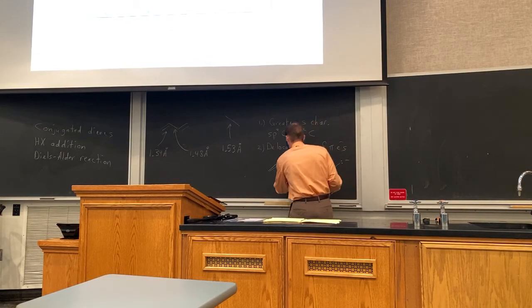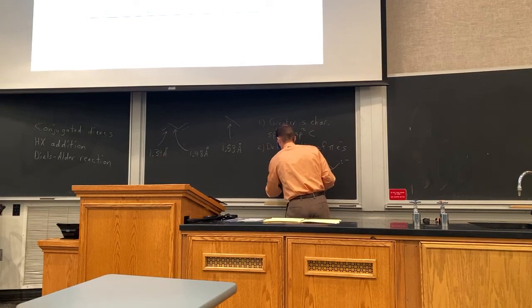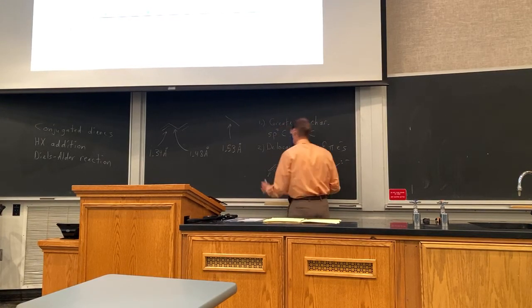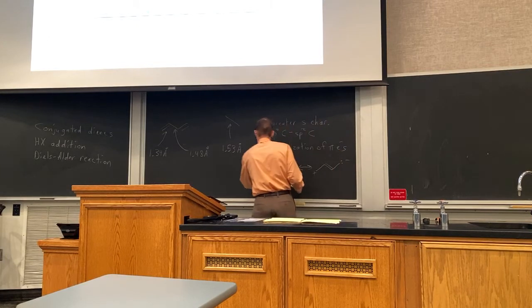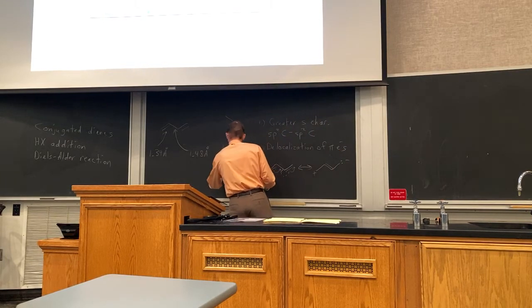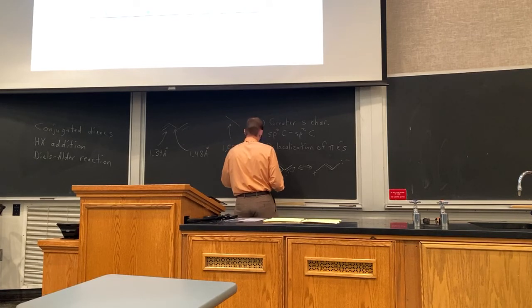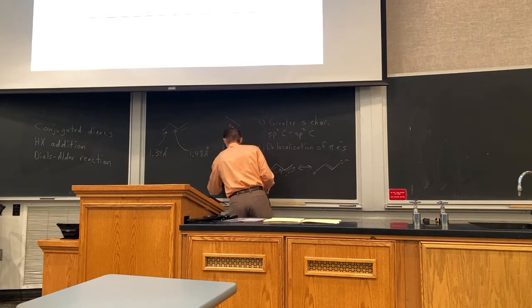And then we have the other minor contributor that is identical, or equivalent, I should say, that we'll show with these dashed arrows, that has the position of the carbocation and the carbanion inverted.